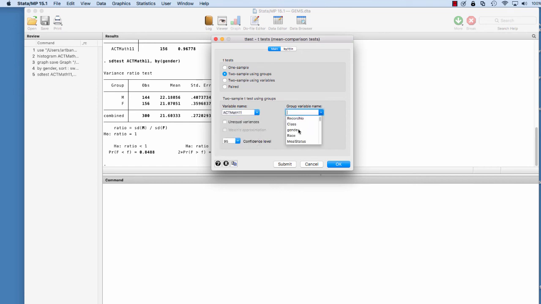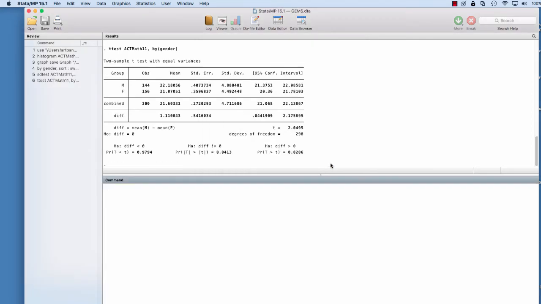And then our grouping variable is gender. And so we can go OK, and then we get our result. So here we see again 144 males, 156 females, and the mean difference between males and females is 1.1, and the standard error is 0.54.